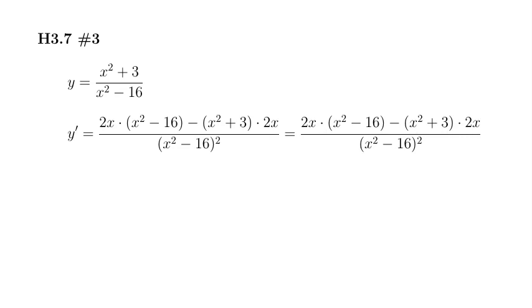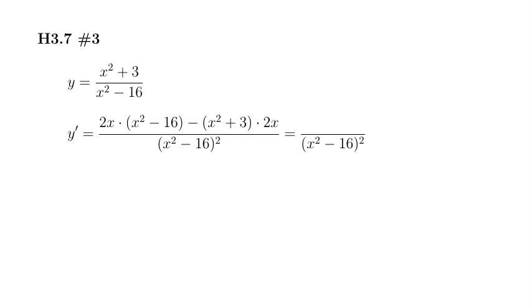You see that there's a 2x here and a 2x there. Those are common factors, so I'm going to take 2x out and put it in front. I took care of 2x here and 2x there.